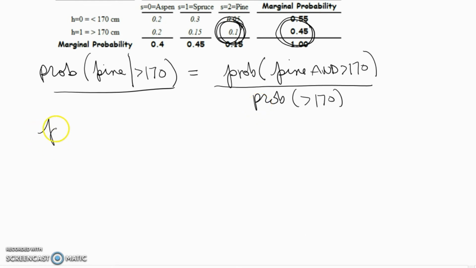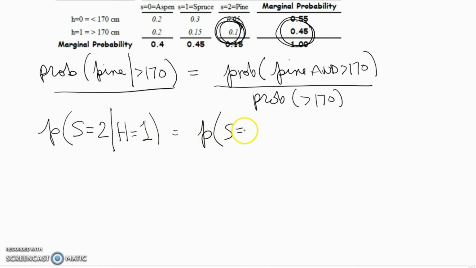What we're saying is the probability that the random variable S is going to take on a value of 2, in other words, it's going to be a spruce, given that the random variable H, representing height class, is going to be a 1. We can represent that as being equal to a joint distribution.